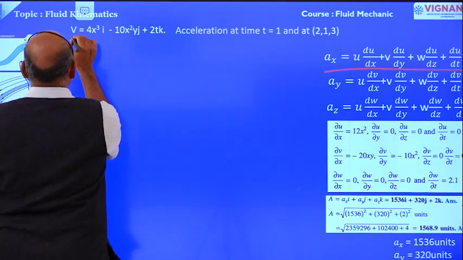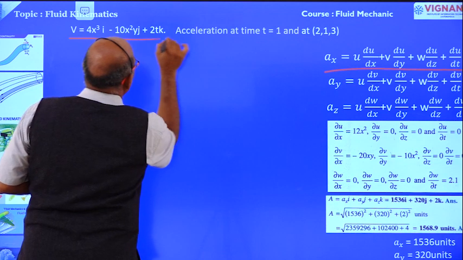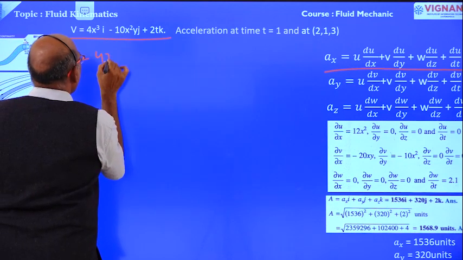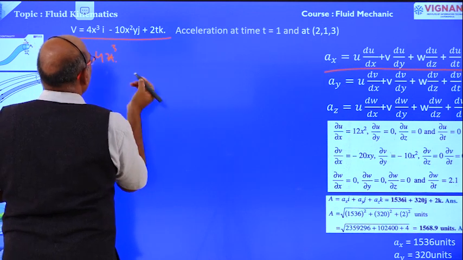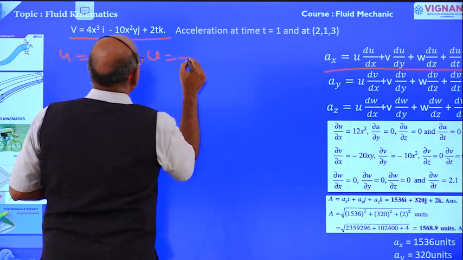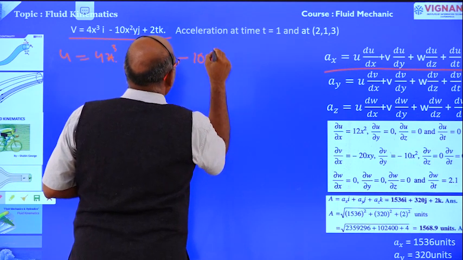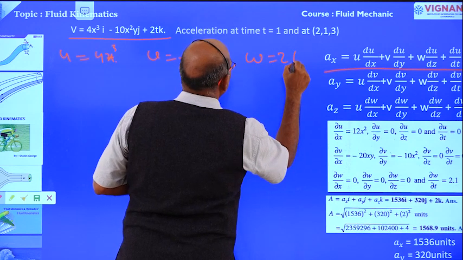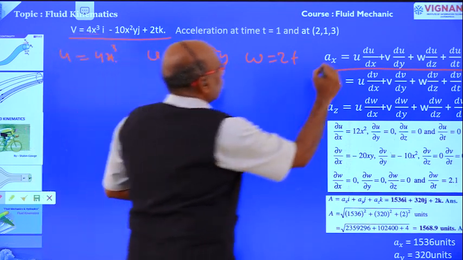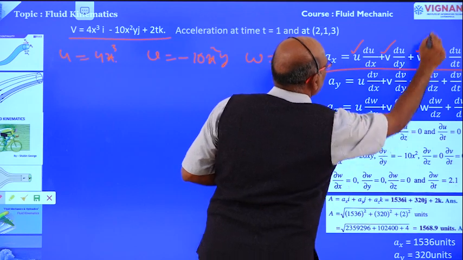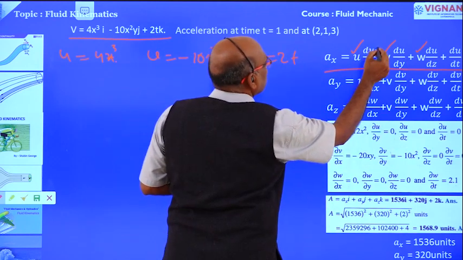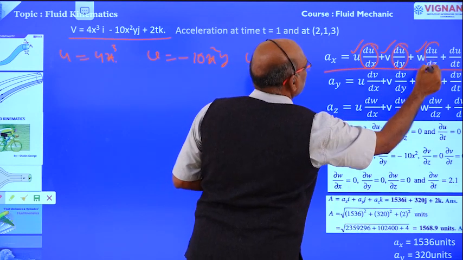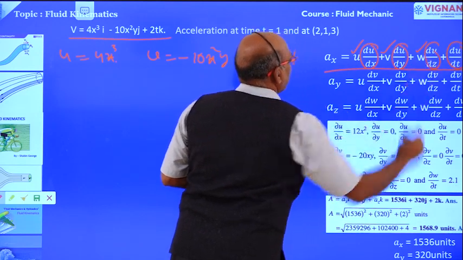First, based on this given velocity profile, u is equal to 4x cube, and v is equal to minus 10x square y, and w is equal to 2t. Okay, u is clear, v is clear, and w is also clear. Now we are going to determine what is du by dx, du by dy, du by dz, du by dt.